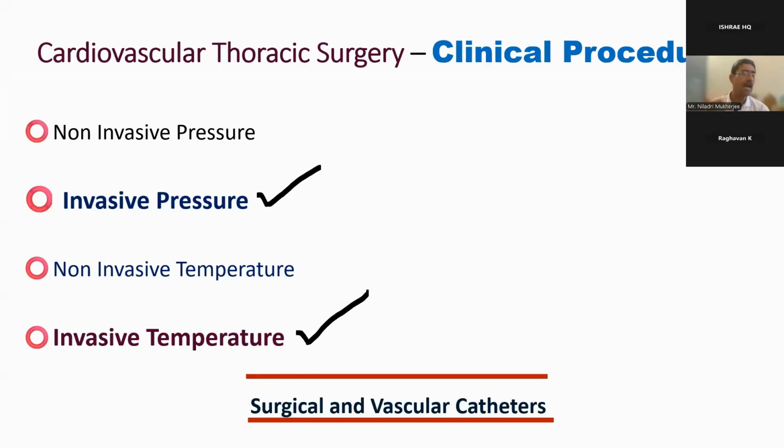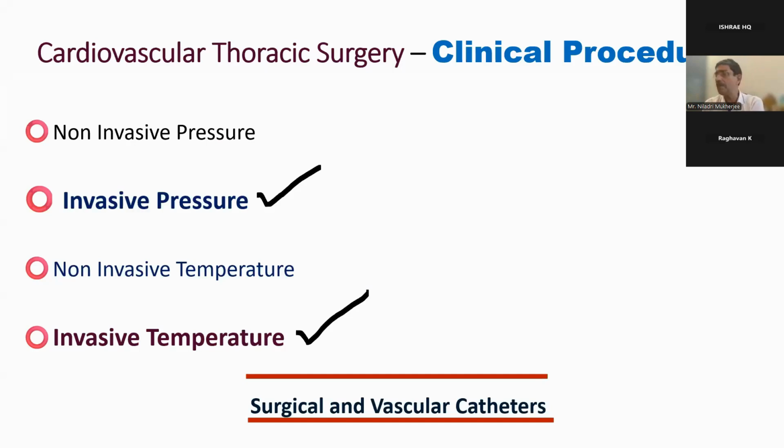There are four types of pressure and temperature measurements in the clinical, medical system. One is non-invasive pressure, another is invasive pressure, non-invasive temperature, and invasive temperature. Now you see, what we actually do, we take the pressure, this is a non-invasive pressure. But invasive pressure is very important, which we take from the blood directly.